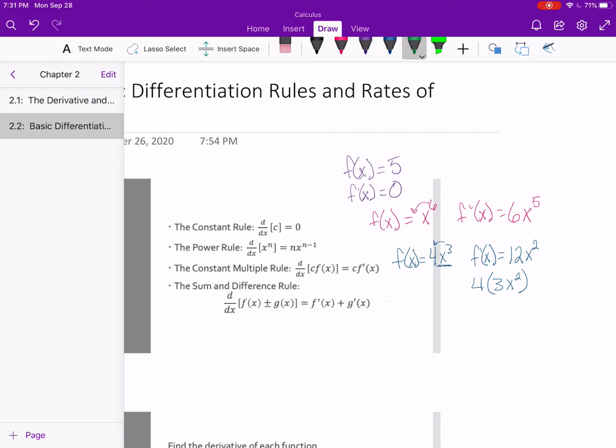So for example, if we had f of x equals 3x to the 9th plus 4, for f prime of x, we just take the derivative of the parts. So this becomes 27x to the 8th, and the derivative of 4 is 0, so we don't even need it.